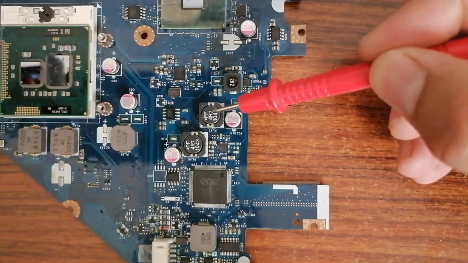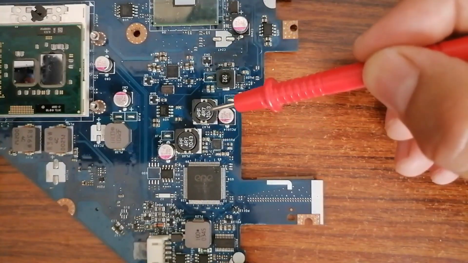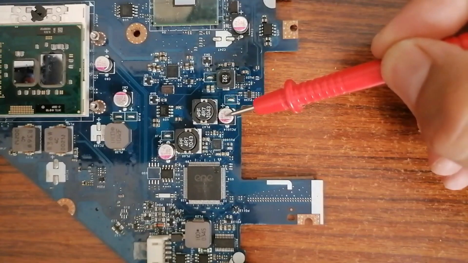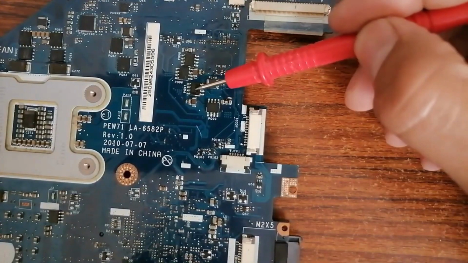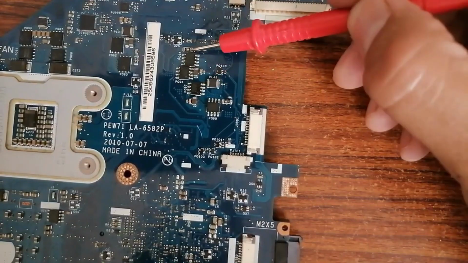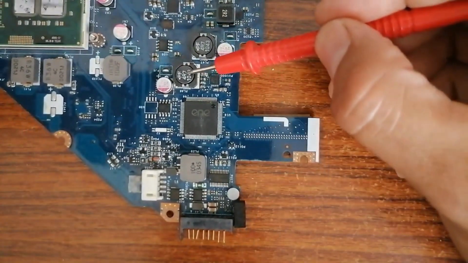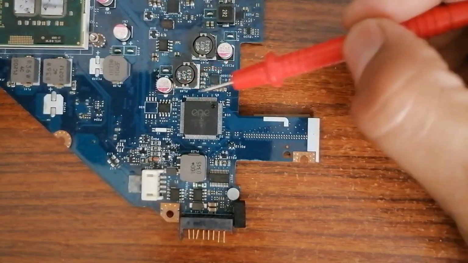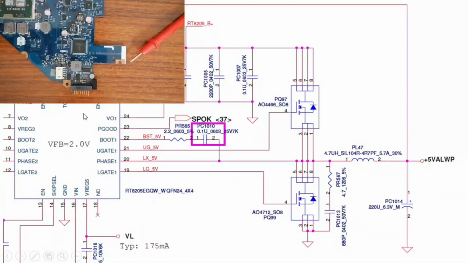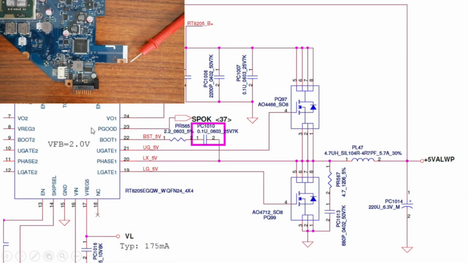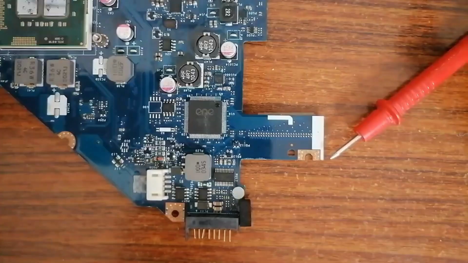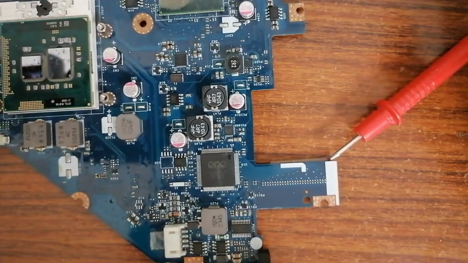Here in the motherboard we have the IC, inductor, electrolytic capacitor and two MOSFETs. The same, two MOSFETs for 5 volts, then inductor, capacitor, and the IC. So this is basically the main component set in every circuit.